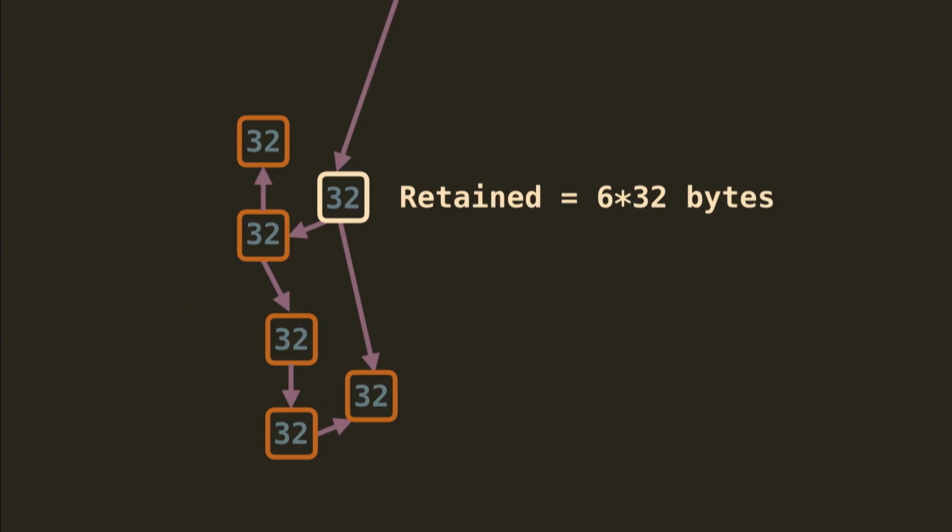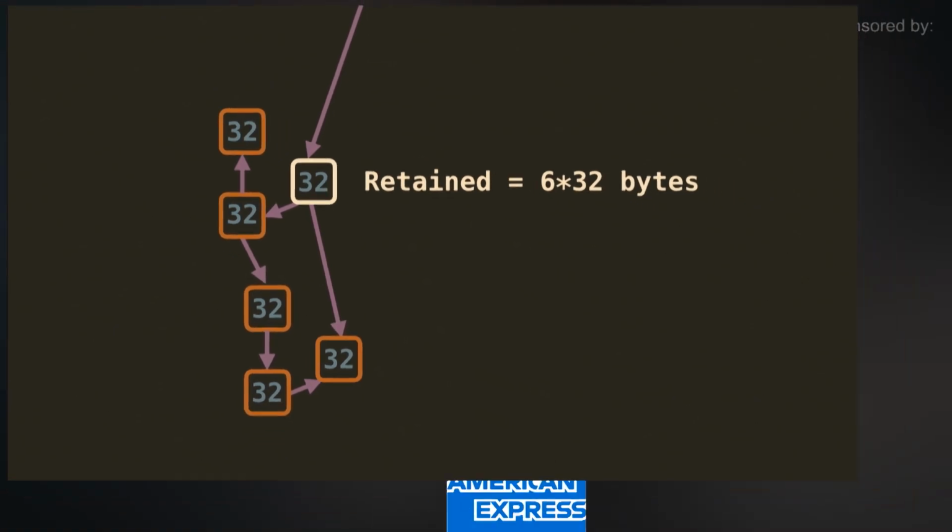In other words, the retain size represents the amount of memory that will be freed by the garbage collector when this object is collected, right? So here, if we remove the reference from the top, all of a sudden this is isolated, it all gets garbage collected, and we would reclaim 6 times 32 bytes. I don't know how much that makes, it's too hard to compute. So yeah, it's a sum of the shallow size.